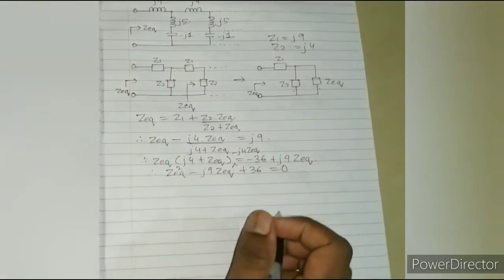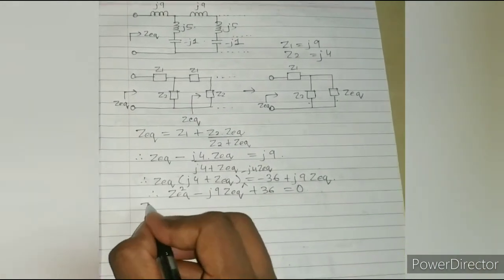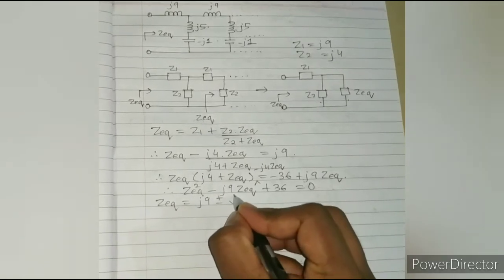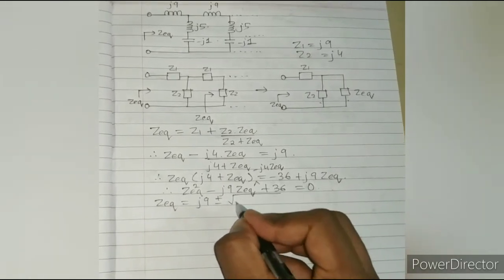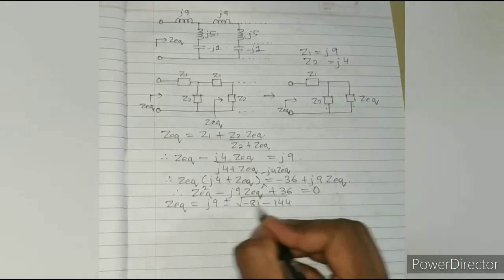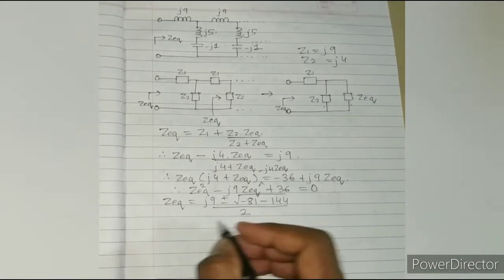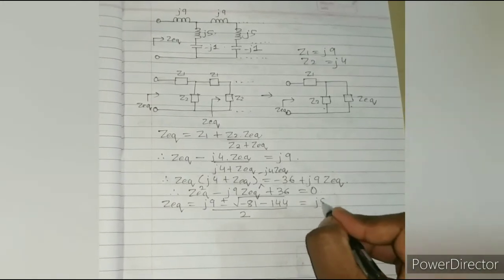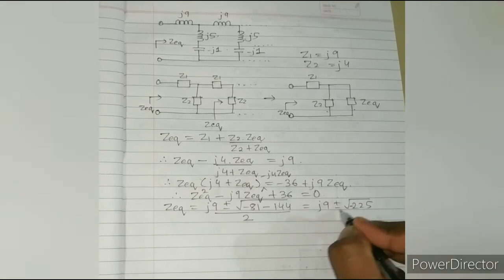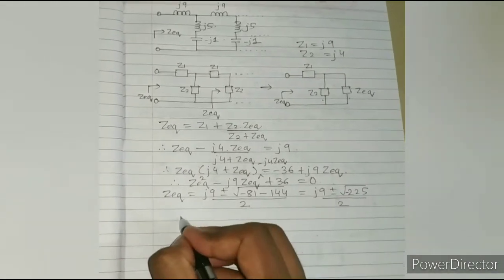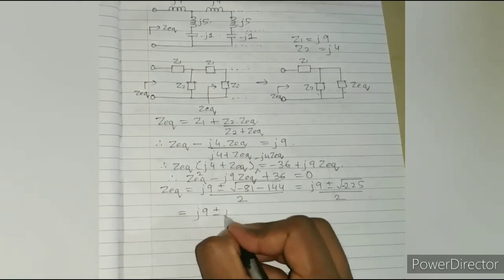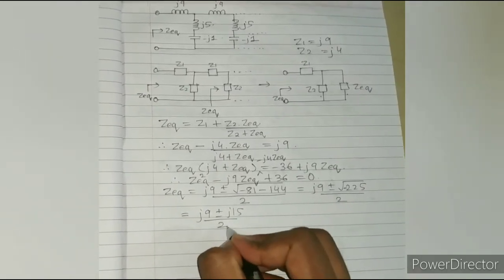So we get a quadratic equation, and its root is given by Z equivalent is equal to J9 plus minus square root of J9 square, which is minus 81, minus 4AC, minus 144, divided by 2, is equal to J9 plus minus root of minus 225 upon 2, is equal to J9 plus minus J15 upon 2.